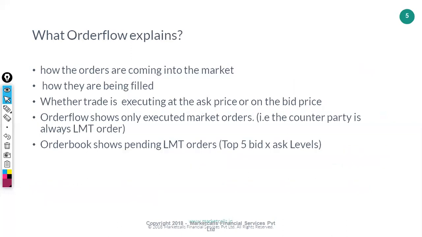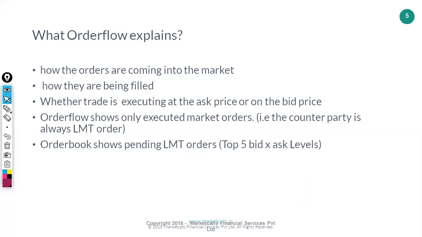What order flow explains is how the orders are coming into the markets, how the market orders and limit orders interact, and how they are being filled. Orders are filled when a market order punched by the trader matches with the order book sitting in the exchange, right?